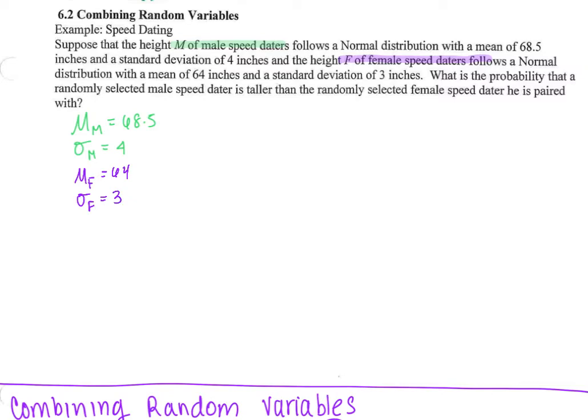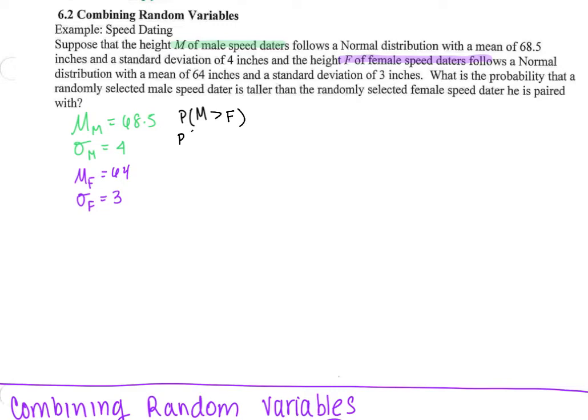So we have two separate variables here, male and female. So we want to figure out the probability that a randomly selected male is taller than a female. That's what we're trying to figure out. So I'm going to rewrite this probability so that I have a number in mind, because you need a number in order to do normal CDF.